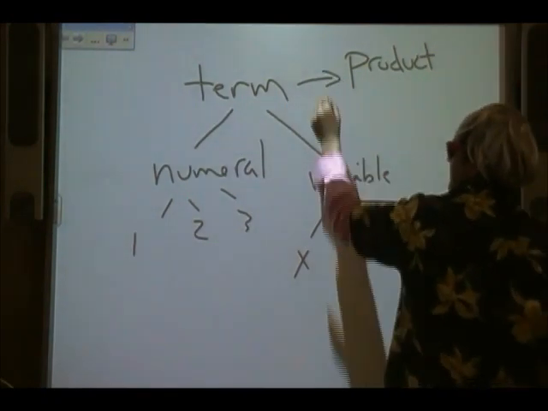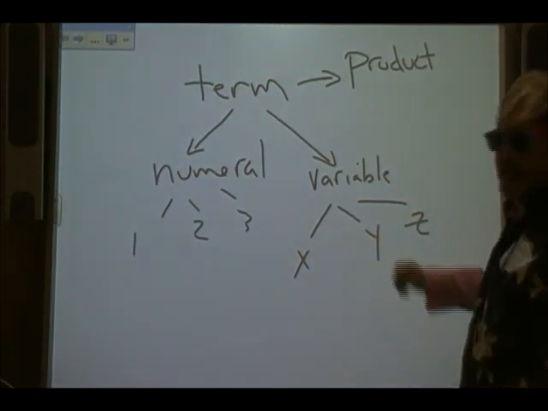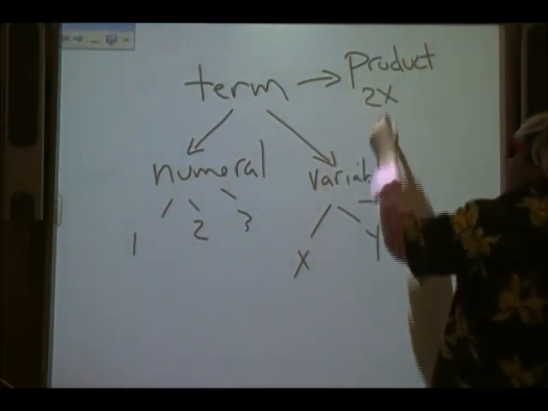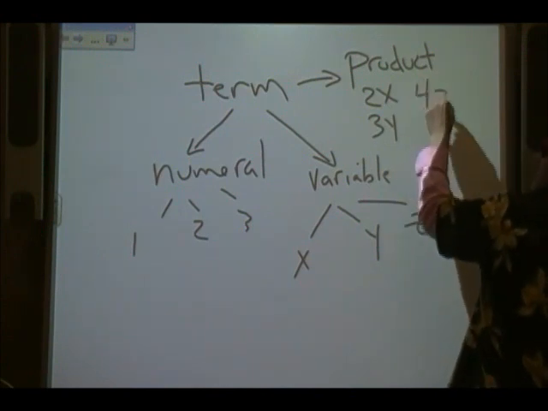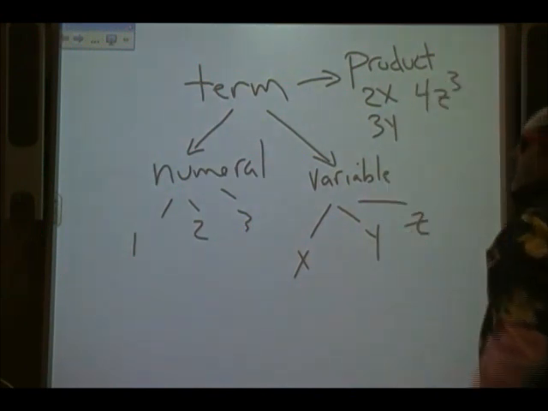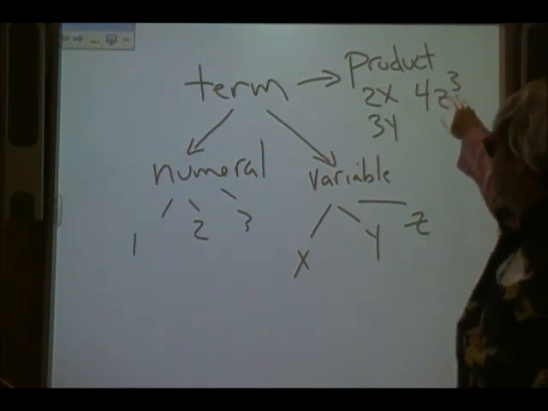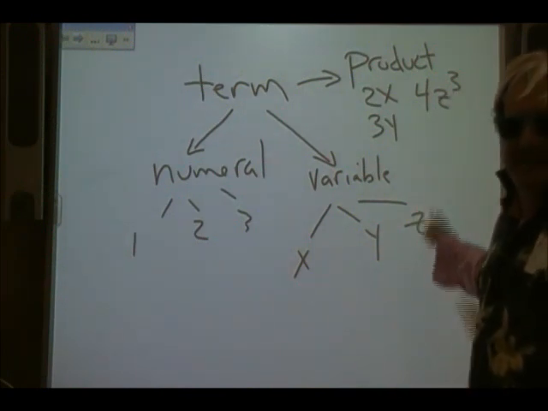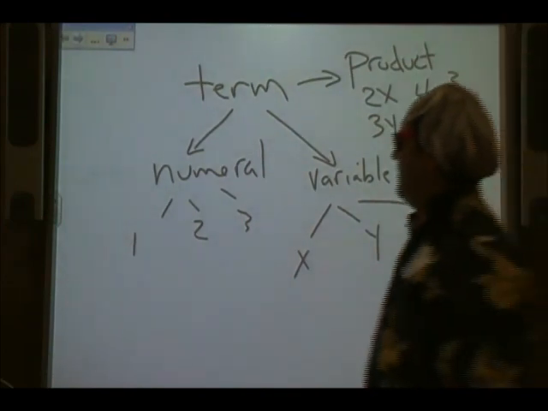So you can have, here, let me put arrows. So the product is just like 2x, or 3y, or 4z to the third. See, those are all products. I'm multiplying. The z to the third comes from multiplying z times z times z. Okay. So, basically, any polynomial, you could just string any letters together.